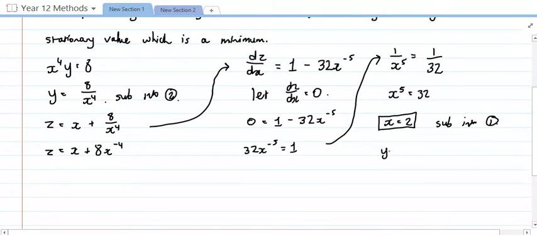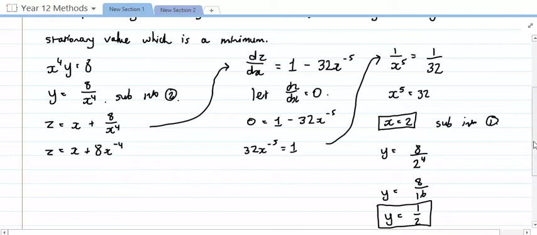So y equals 8 over 2 to the power of 4. And that is 8 over 16, which is just half. So that's it. We have the x and y values which give z a minimum value.